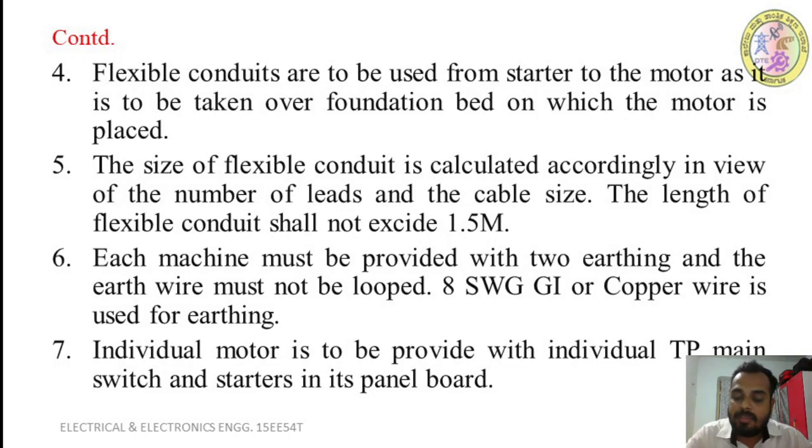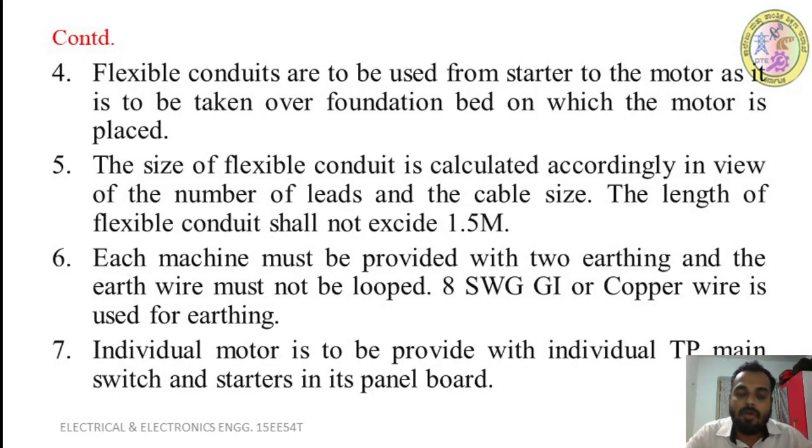Here, the diameter of the flexible conduit depends on the number of conductors going from your panel board or starter board to the machine bed, and the size of each conductor, and the maximum length of the flexible conduit should not exceed 1.5 meter. Means the distance from your starter board to the machine must be a maximum of 1.5 meter, right? Like that we have to install the starter and the machine.